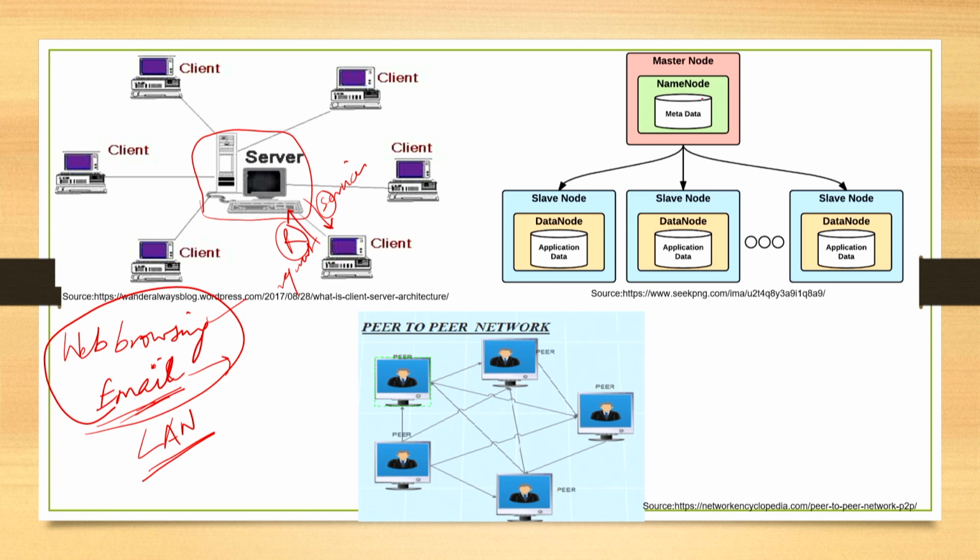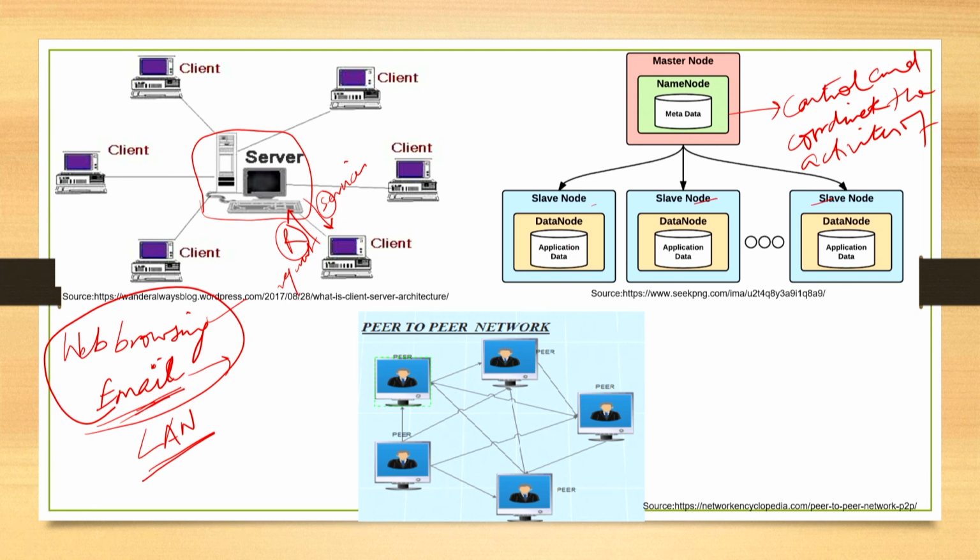In the case of master slave, what will happen? Here you have a master and the nodes attached to it are called the slaves. Generally, master means who does everything. So, the master will control and coordinate the activities of the other processes, that is the slave nodes.